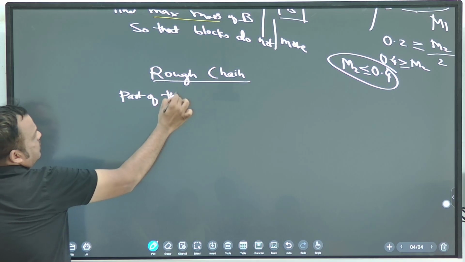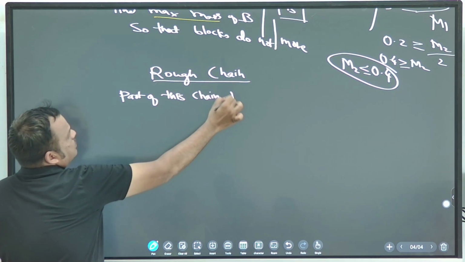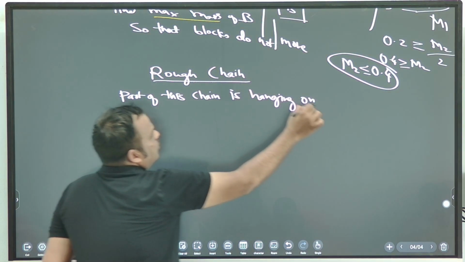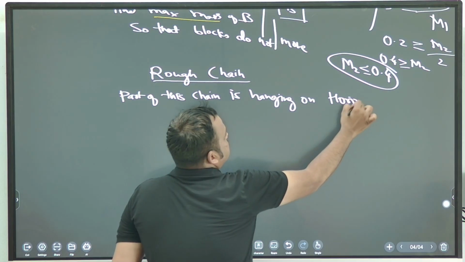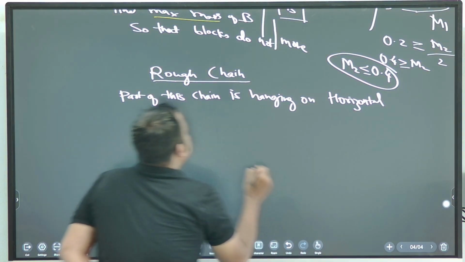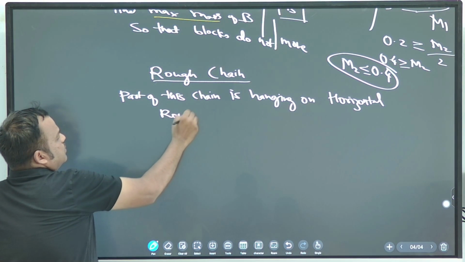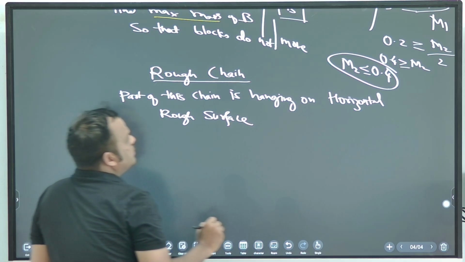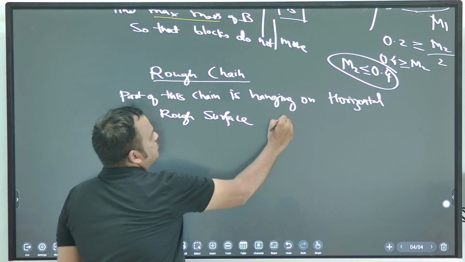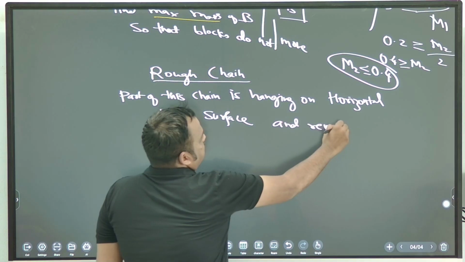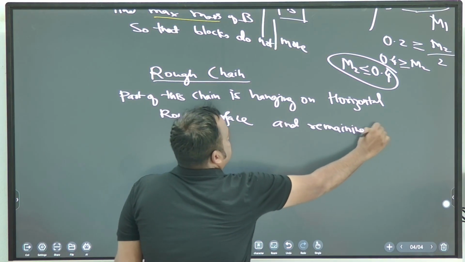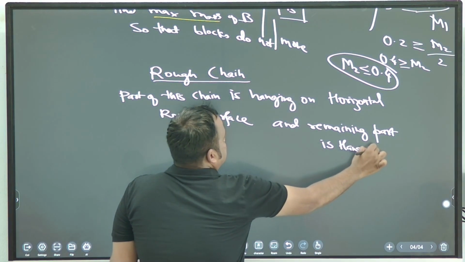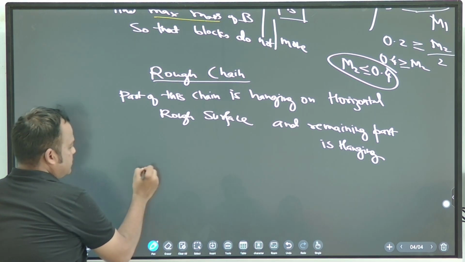Part of this chain is hanging on a horizontal rough surface, and the remaining part is hanging like this. You draw the diagram.